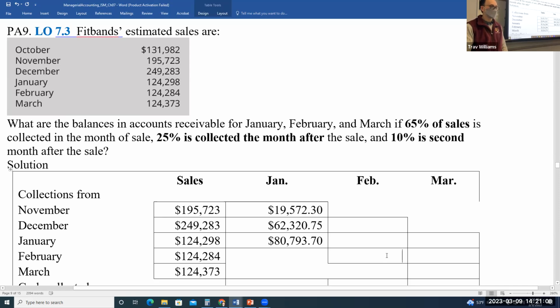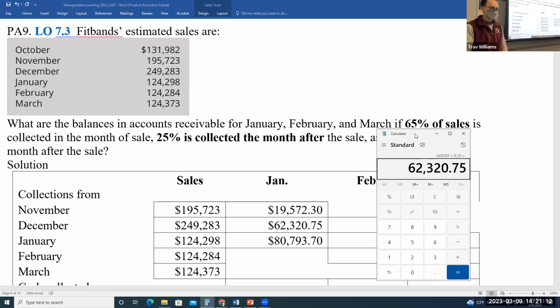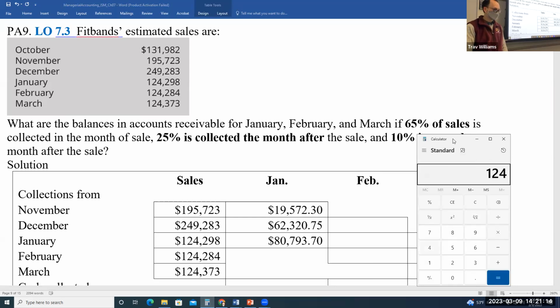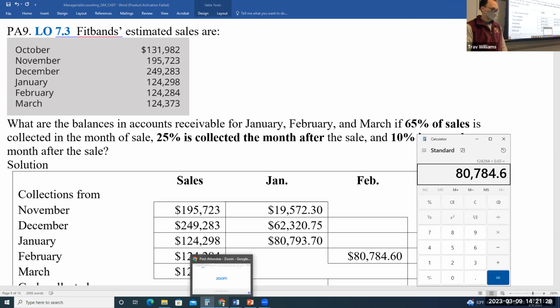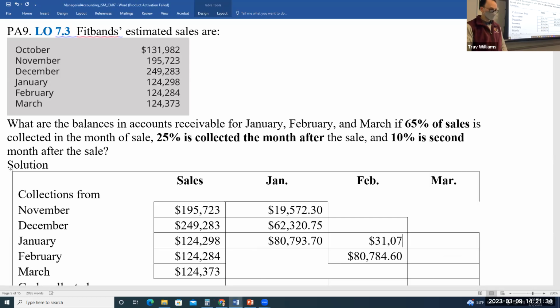So in February, how much of February sales are we going to collect? 65%, that's right. And 25% of January sales. And 10% of December sales, right?